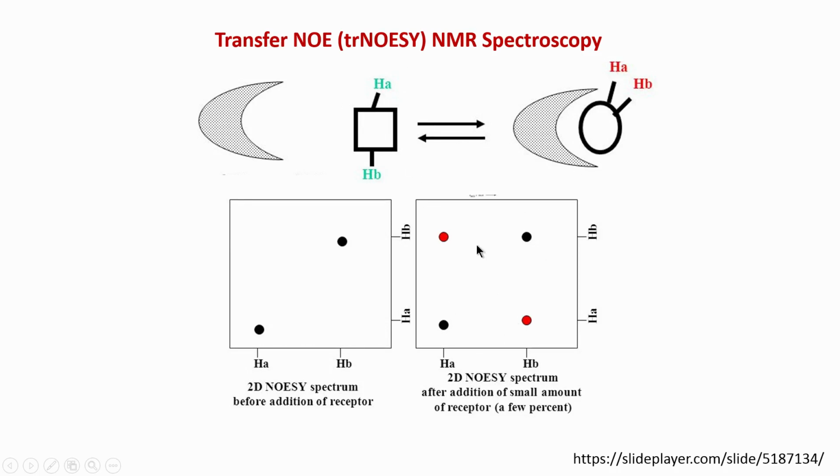So, it looks as if the NOE of the free form has now appeared, but actually it is the NOE of the bound form which is appearing on the spectrum of the free form. You see, that is like a transfer, you transfer the NOE effect from here to the free form. That is why we call it a transfer NOE NMR experiment.